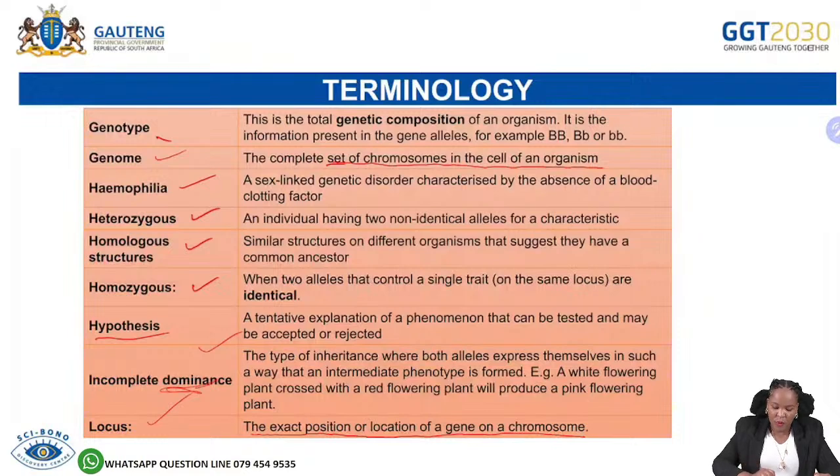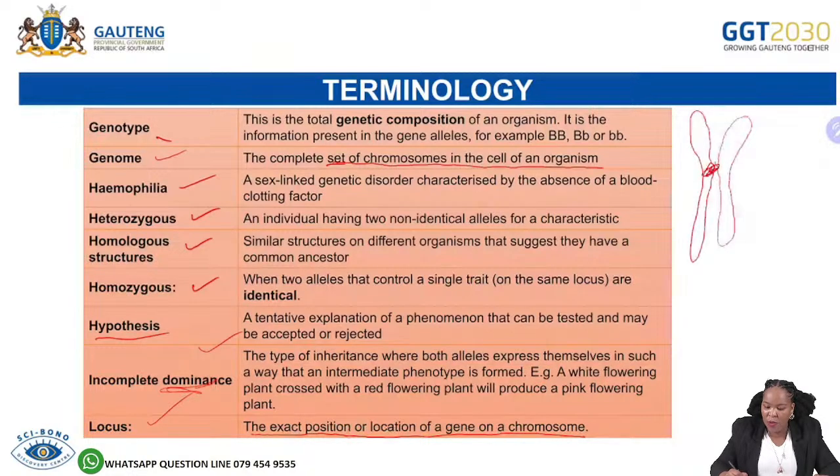Now, a locus is the exact position or location of a gene on a chromosome. So remember, if we have a chromosome like this, right? And then we said this is a chromosome. And then here is a gene. So this area here, we call it a locus.